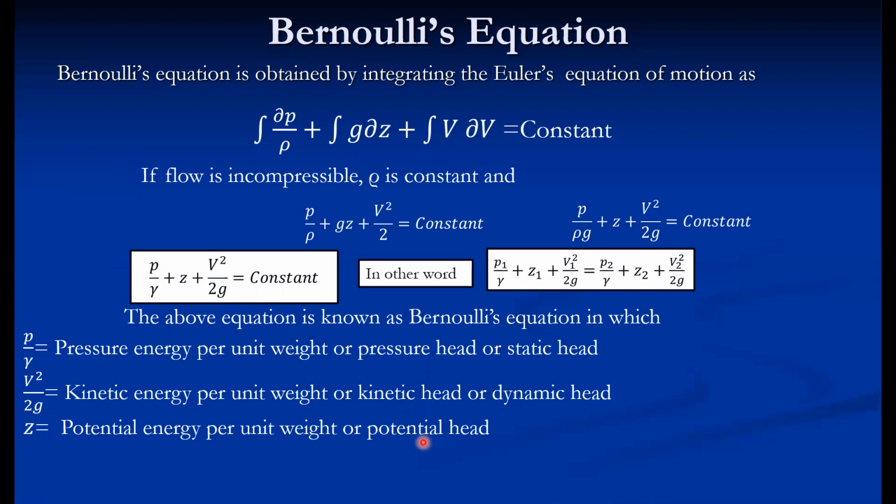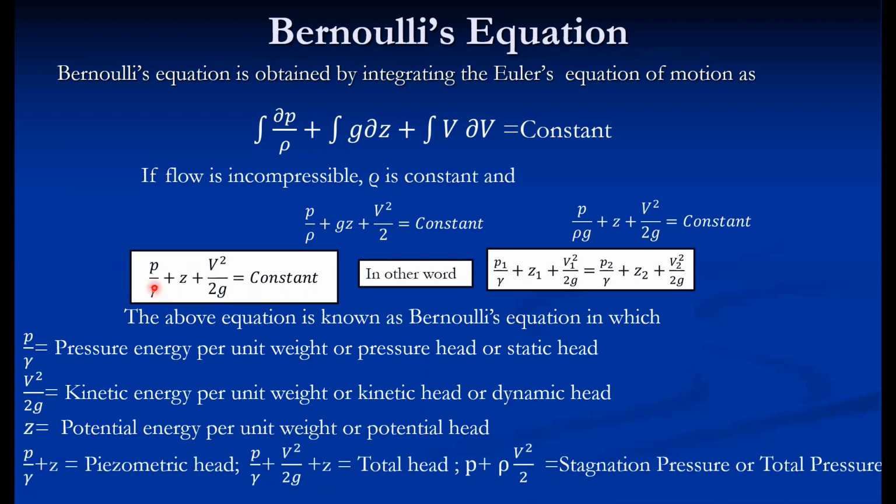There are some more terminologies associated with Bernoulli's equation. P by gamma plus Z is called the piezometric head. The addition of all heads is called the total head. Pressure head and kinetic head together are called the dynamic head.